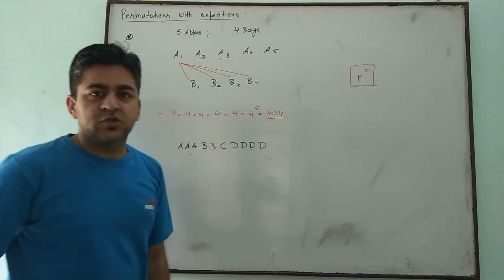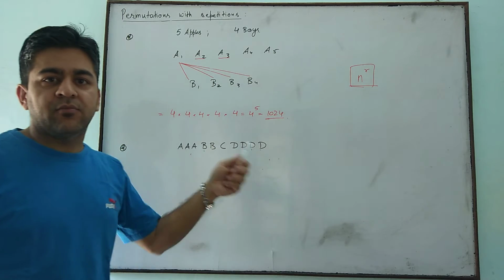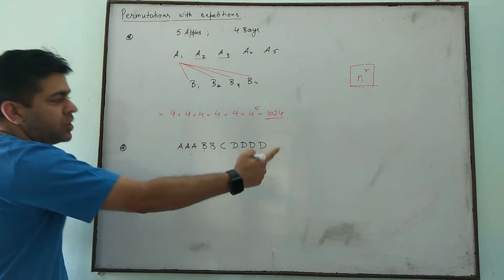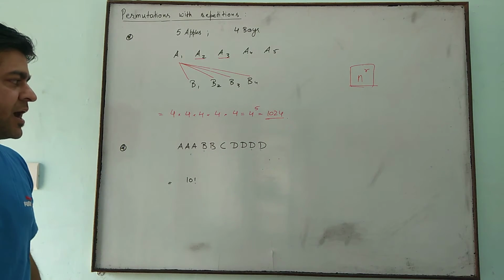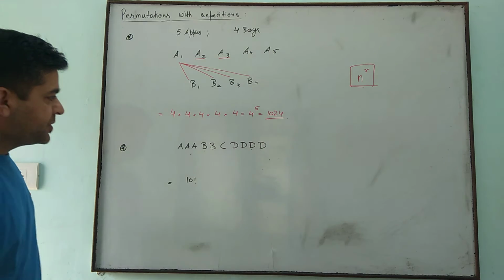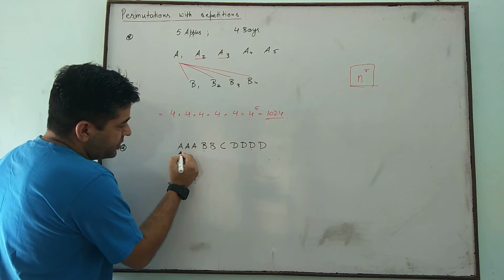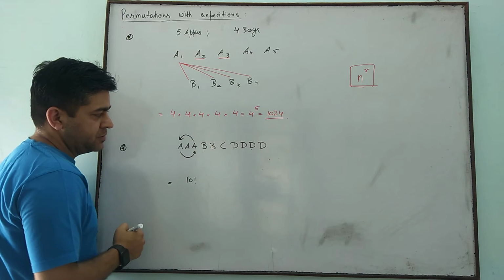If there is no condition that these are identical, then the number of arrangements is 10 factorial, in case we have all objects different. Now some of the objects are identical, so the concept is, now see, if this A will be here and this A will be here.